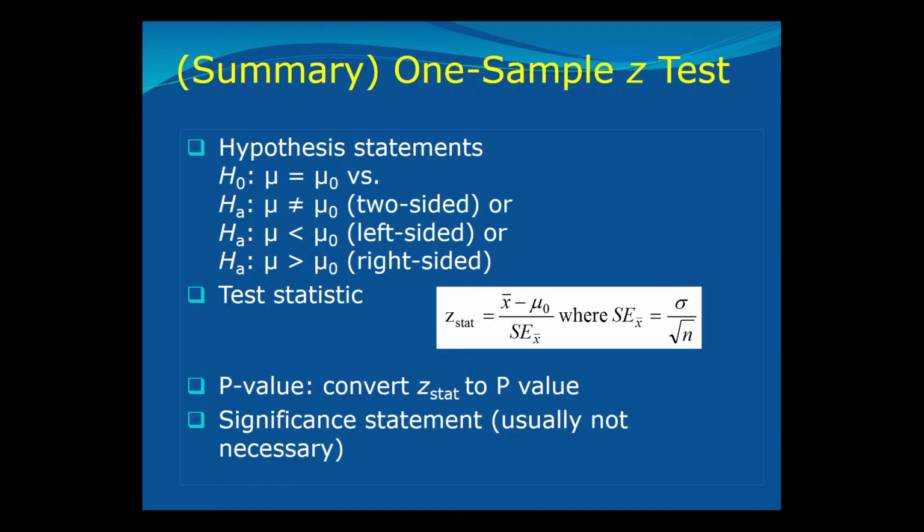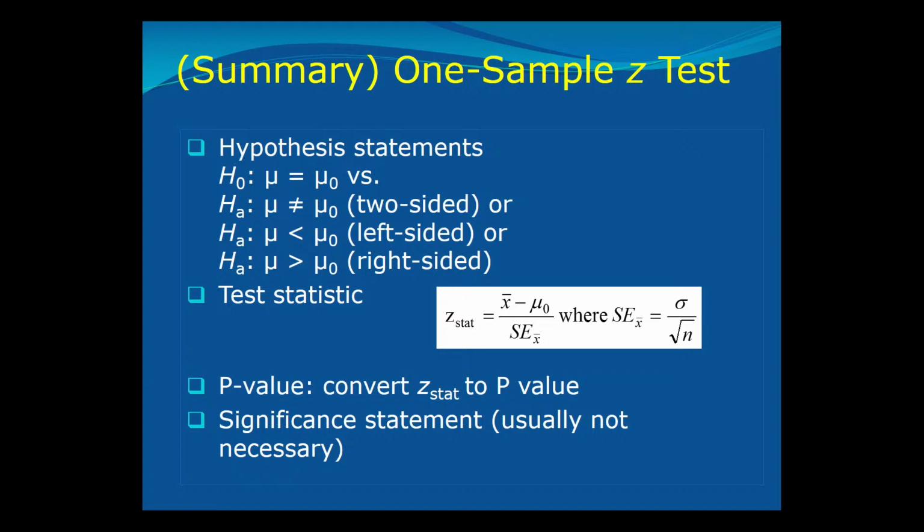Then, if we are interested in the direction, we should use a one-sided test, left-sided or right-sided, according to the side we are interested in. We should use the less than sign or the greater than sign. For the less than sign, we should use left-sided. For the greater than sign, we should use right-sided.